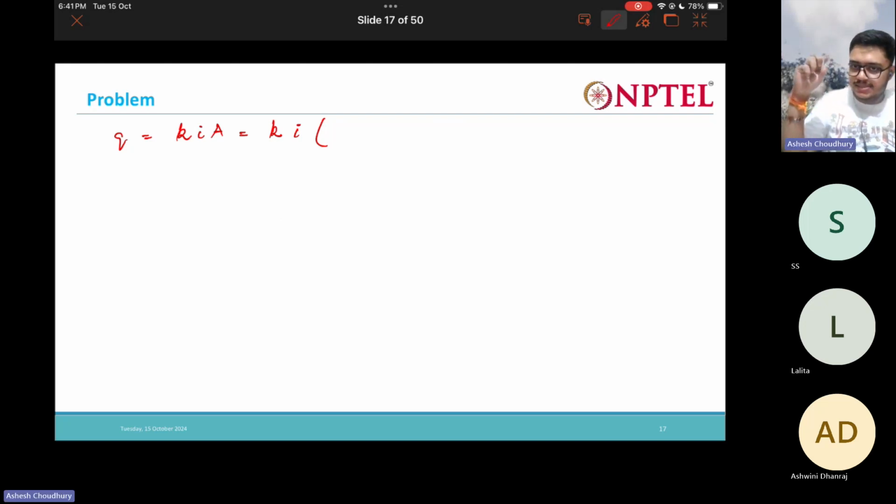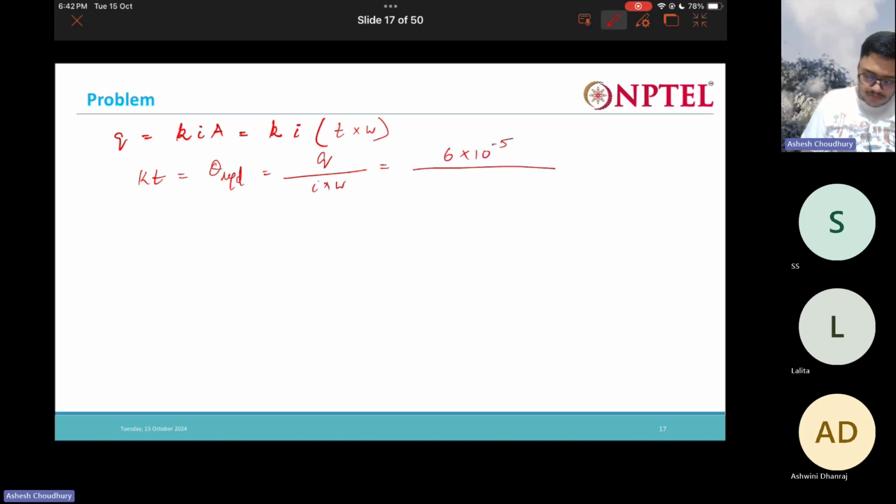Thickness times the width, for whatever geocomposite we are using. So K times t is the theta required, and theta required is Q by the gradient times width. So this is the required theta.